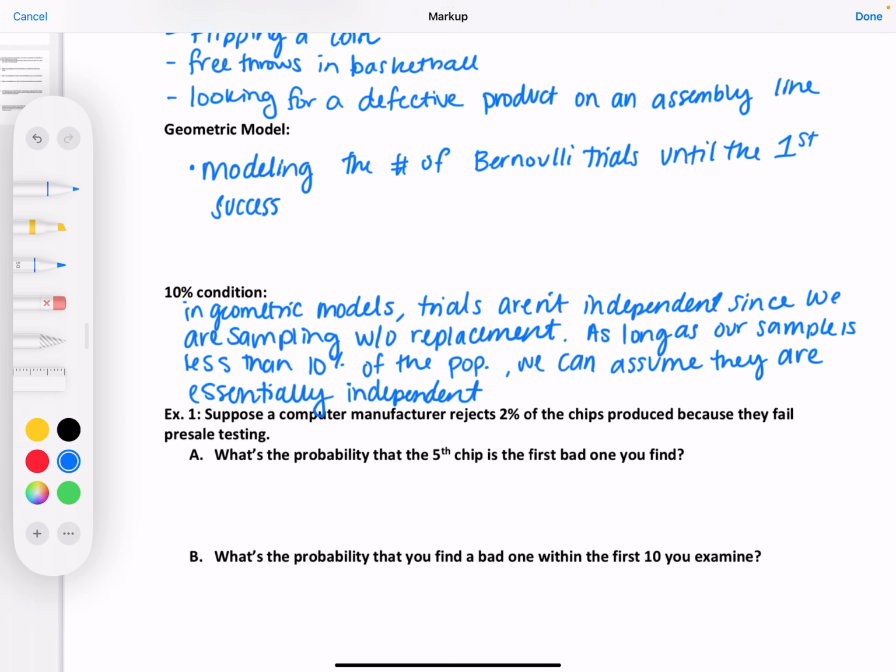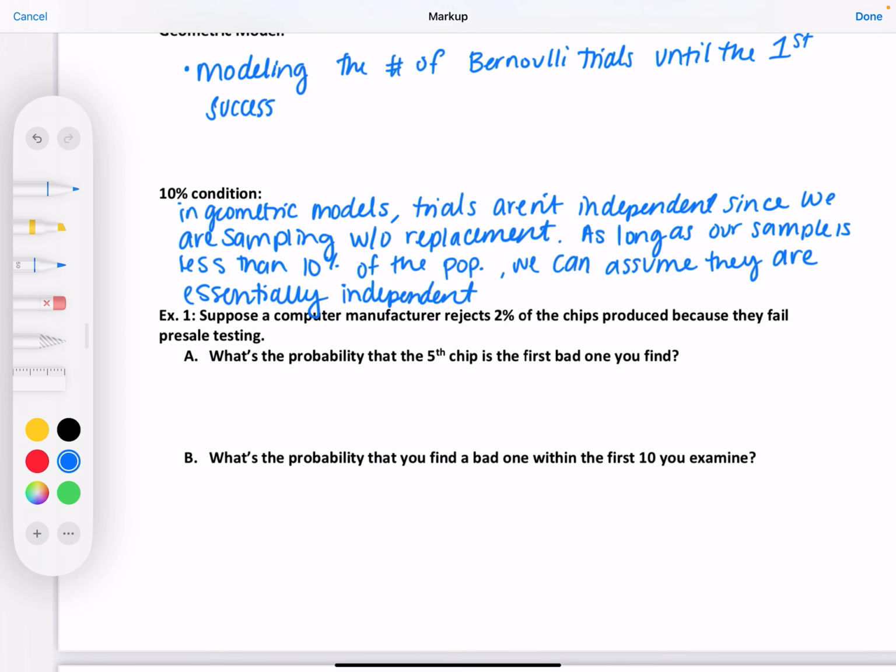So suppose a computer manufacturer rejects 2% of the chips produced because they fail pre-sale testing. What's the probability that the fifth chip is the first bad one that you find? So we're looking at the probability of bad, which is 2%, so that's equal to 0.02. Trials aren't independent, and this isn't all necessarily stuff that you would need to actually write.